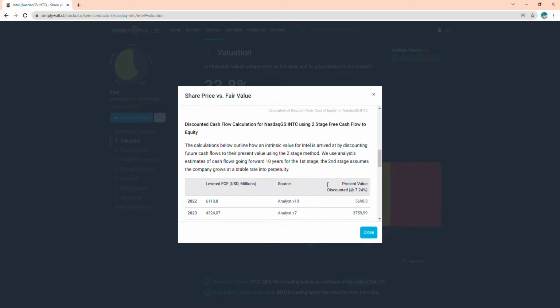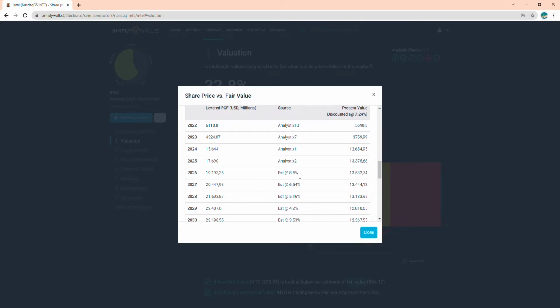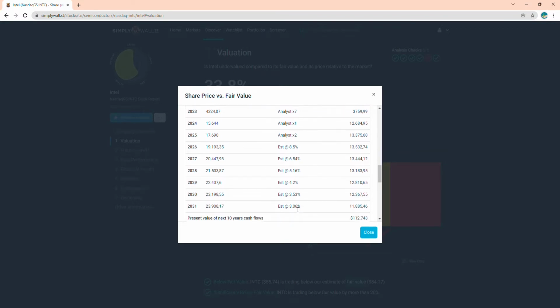This is just the calculation of the discount rate. Not so much interested. And this is actually the discounted cash flow model. The growth rate is actually the calculation taken out of the estimates growth rate. So for the first 5 years, you can't really see the percentage, but you can see the percentage for the next 5 years, which is, as we said, declining after the 5th year, from 8 to 6 to 5 to 4 to 3%, 3%.